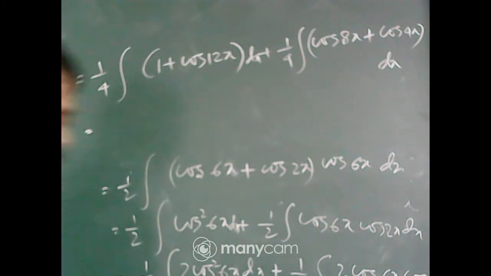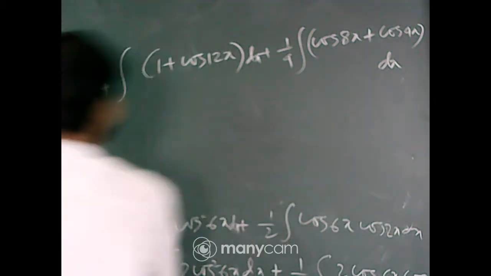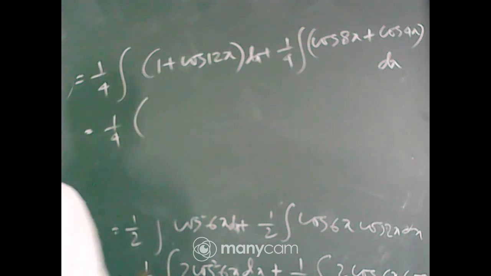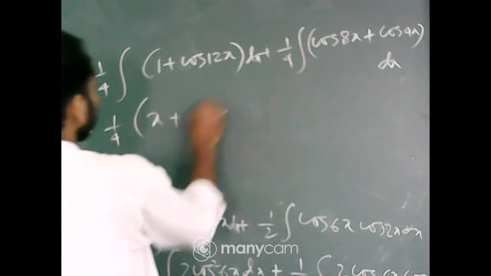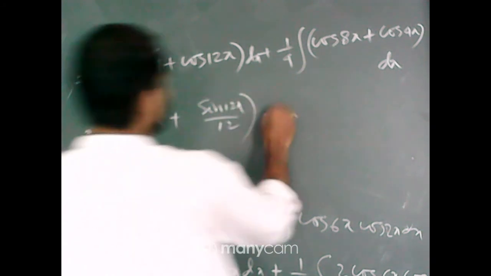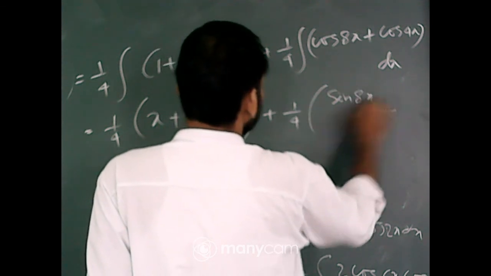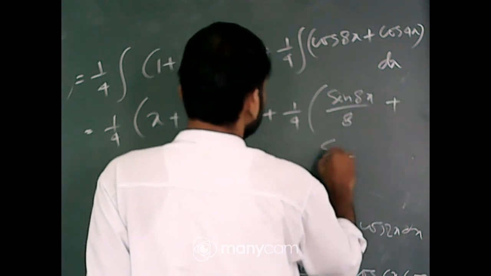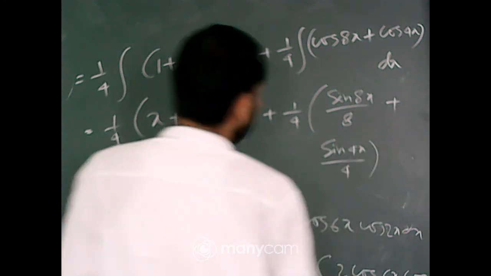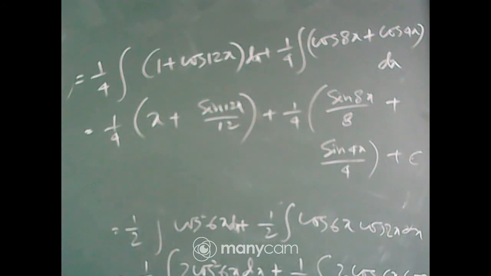Now do the integration. I am wrapping this portion, lower portion. So 1 by 4 within the bracket, integration dx means x, then plus sine 12x by 12, then plus 1 by 4 within the bracket, sine 8x by 8 plus sine 4x by 4, bracket closed, plus c.